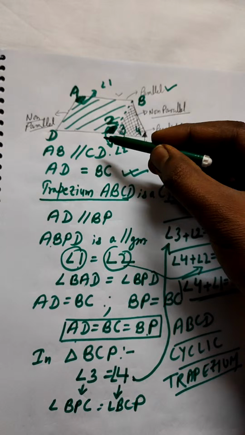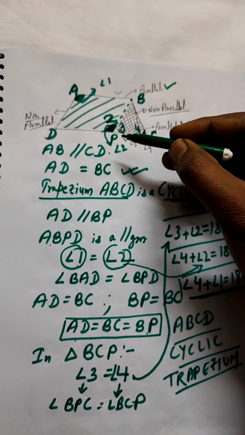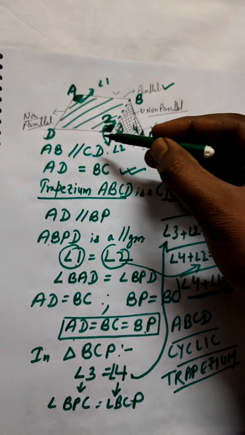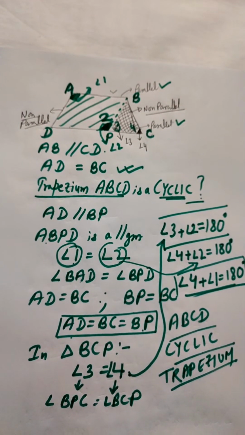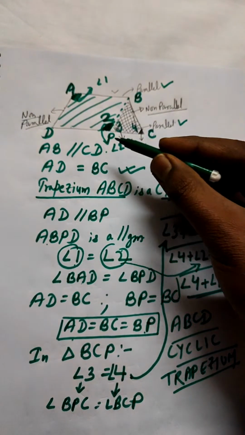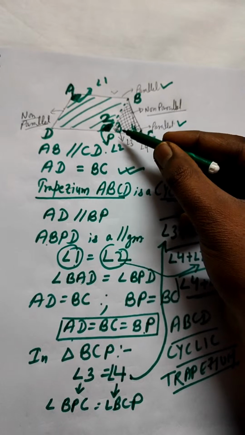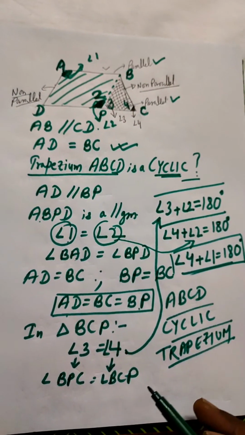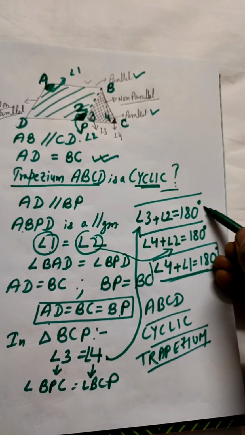We use another piece of information: CPD is a straight line. Being a straight line, the sum of angle 2 and angle 3 will be equal to 180 degrees, so I have mentioned it over here.